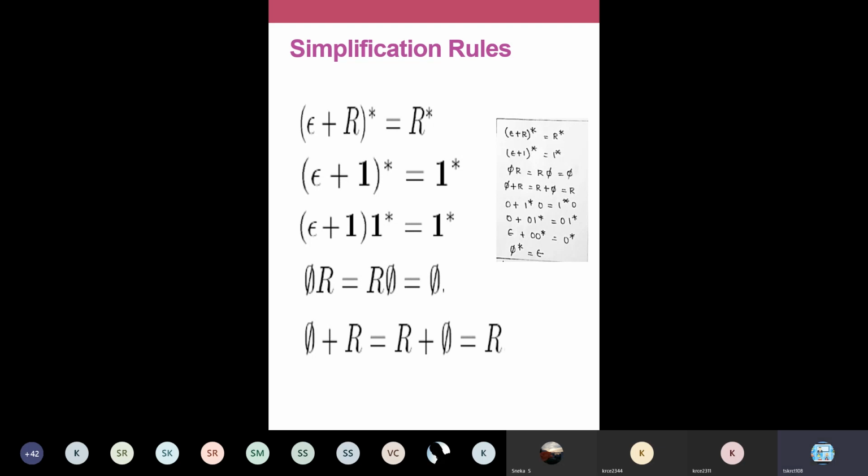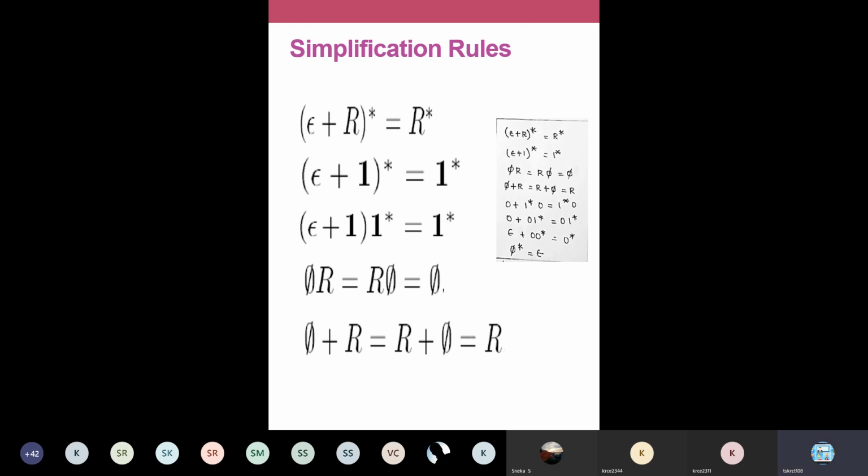Here I told you that when you are able to derive epsilon also from this 1 star, your minimization is correct. From your 1 star, it denotes 0 or more occurrences of 1. So your language will be L is equal to epsilon, 1, 1 1, 1 1 1, like that. So you have epsilon also in this 1 star. So you can do this minimization. You can leave this epsilon and simply write 1 star. It also includes epsilon in itself.